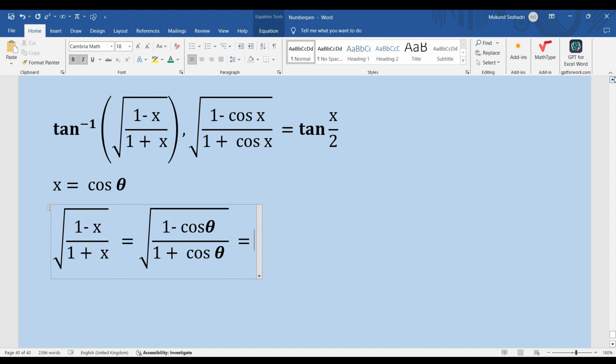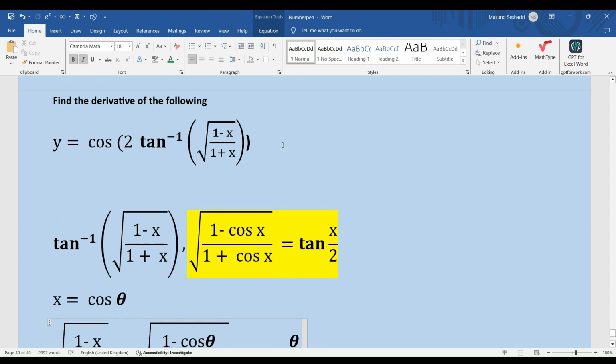Let me highlight this particular identity: square root of 1 minus cos x divided by 1 plus cos x equals tan x by 2, which means I can directly call this tan theta by 2. So when I make the substitution x equals cos theta, my expression inside tan inverse becomes tan theta by 2. Now I go back to my main expression.